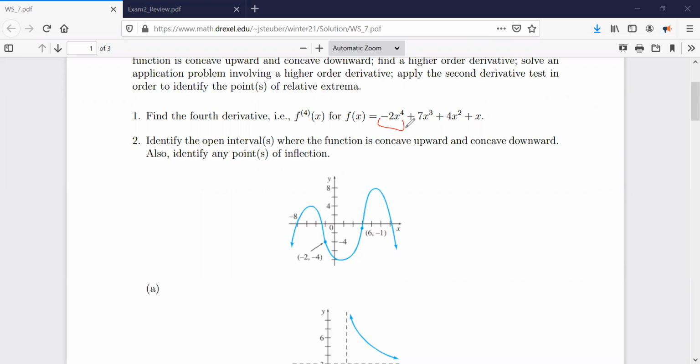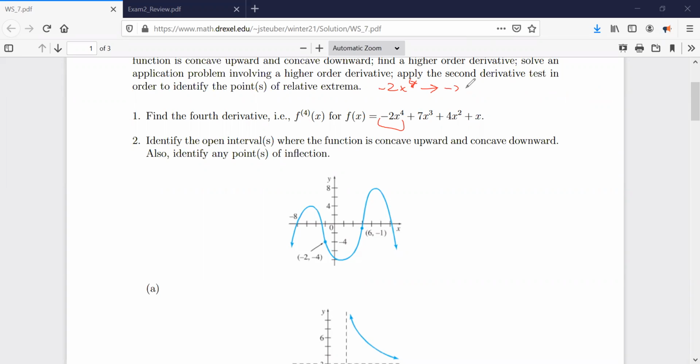So then this is just going to be negative 2x to the fourth, and then it's basically 4 factorial, because each time you do 4 times 3 times 2 times 1.